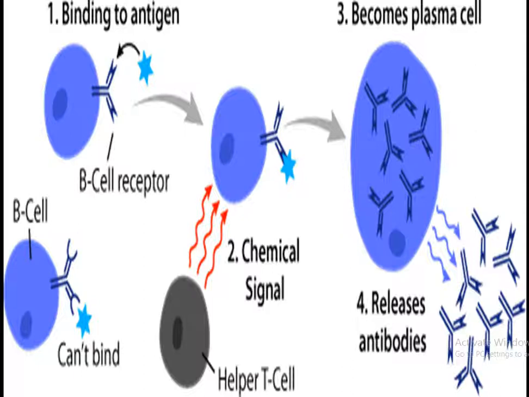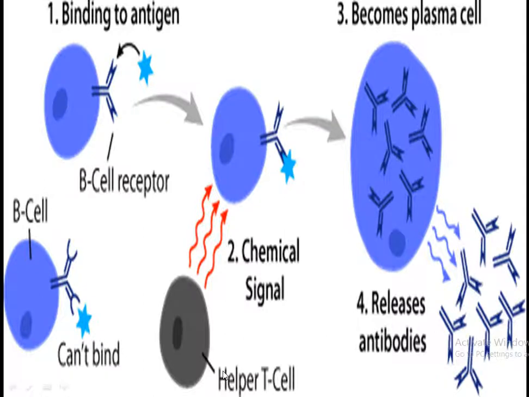That is, they are also assisting the B cell type of immunity at this stage, when they need the attachment of specific antigen to antibody.